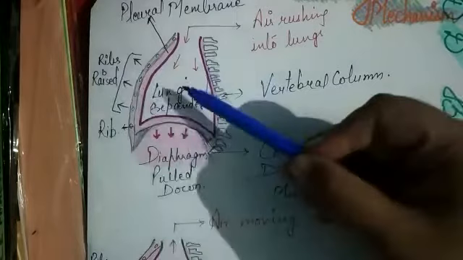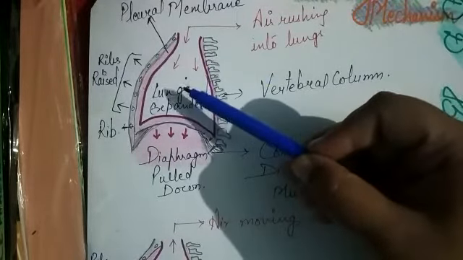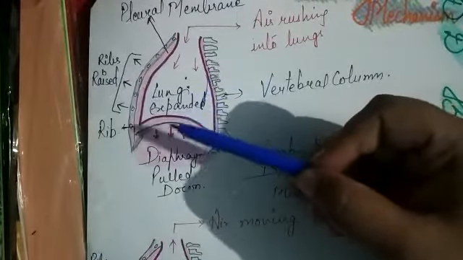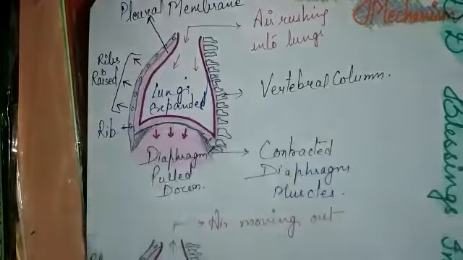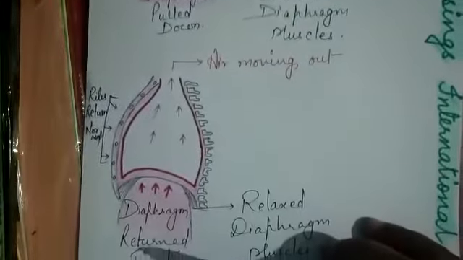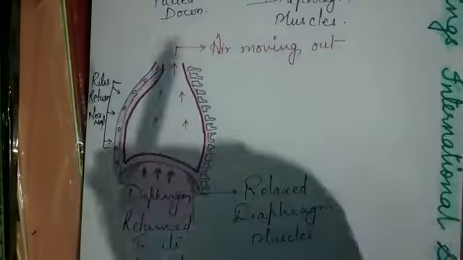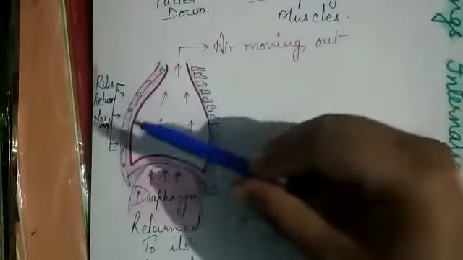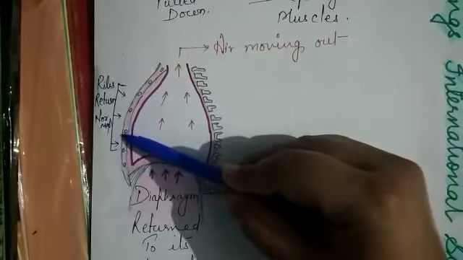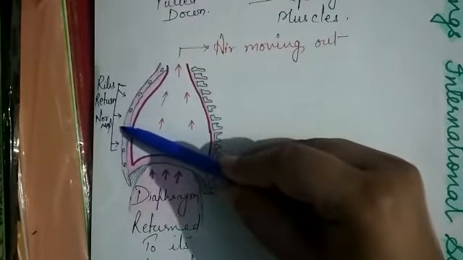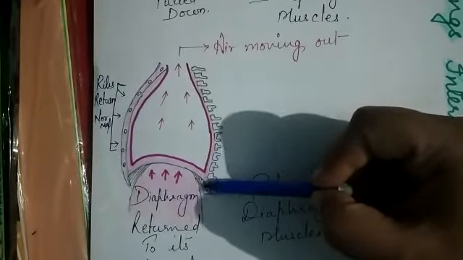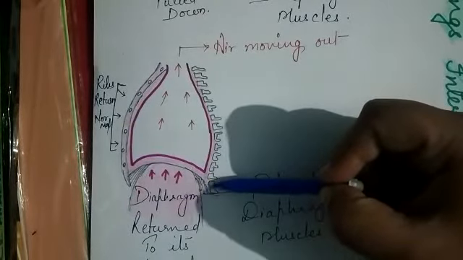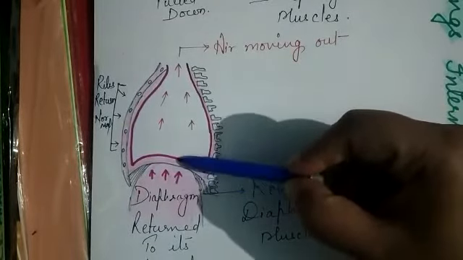Now, on the contrary, the breathing out mechanism is the same but things go in the opposite direction. When we breathe out or when the air rushes out of the lung, what happens? Ribs come back to their original place. They come down, they return to normal place. Diaphragmic muscles which were contracted earlier, they relax back and the diaphragm raises up.